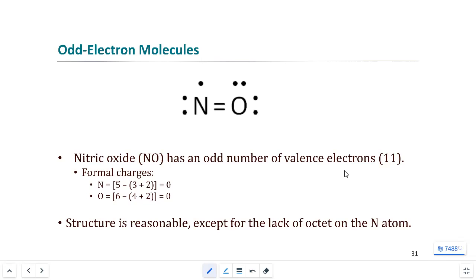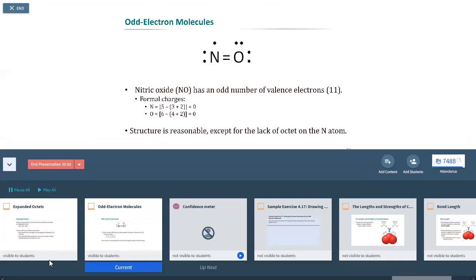That odd electron is always going to go on the nitrogen group substance, because this is where we see it. It's going to go on the nitrogen. It's going to go on the phosphorus. It's going to go on the arsenic. And so that's where we're going to close for today.